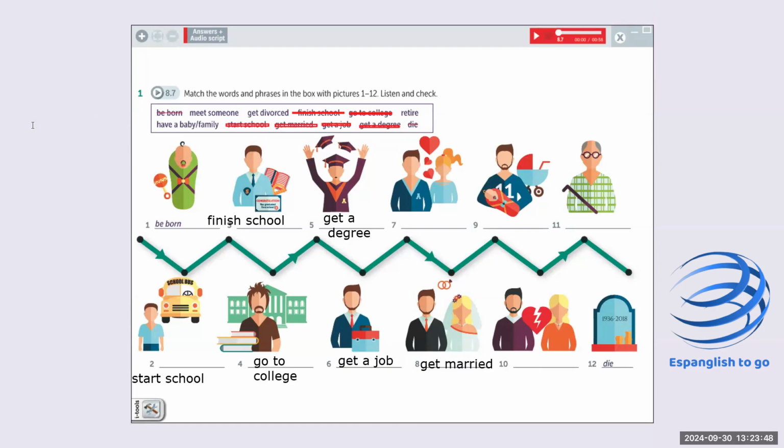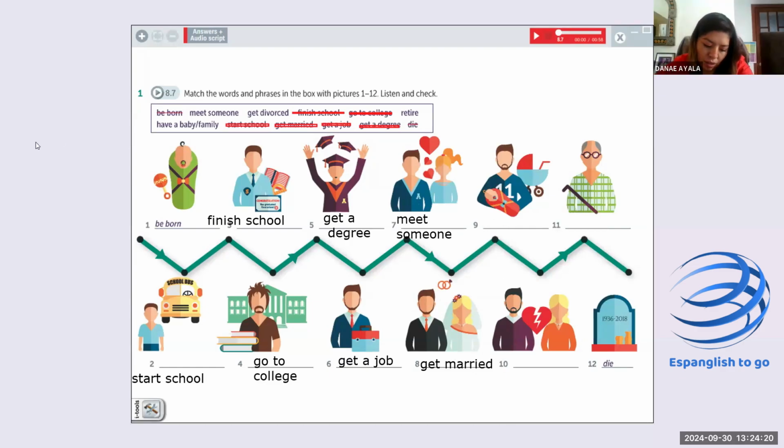Number 9 is easy, meet someone. Yes. Then get married. After get married, have a baby or family.